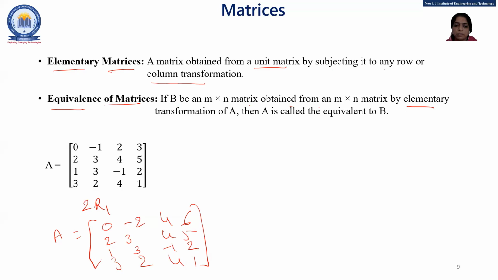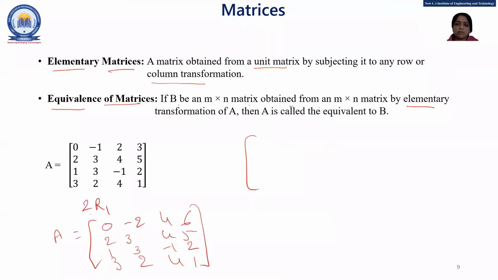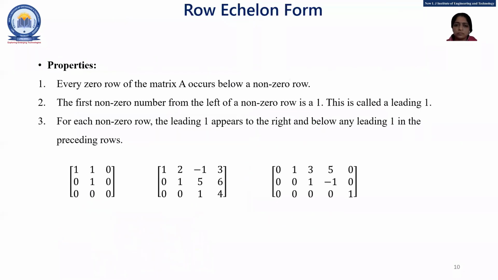Here I have multiplied the first row with 2. Similarly, I get other equivalent matrices by adding 2 rows or by subtracting 2 rows. So by doing any elementary row operation or column operation, we get equivalent matrices.